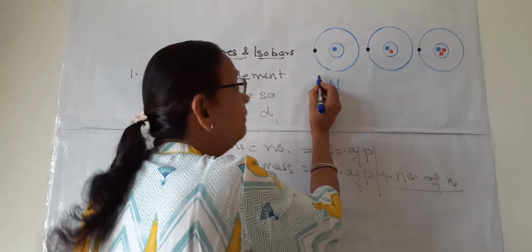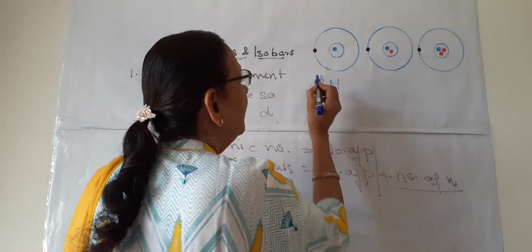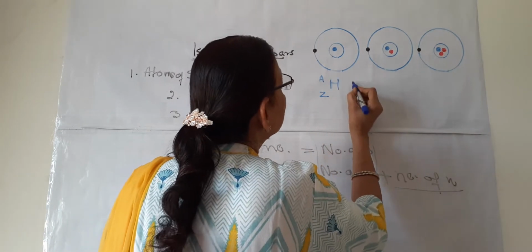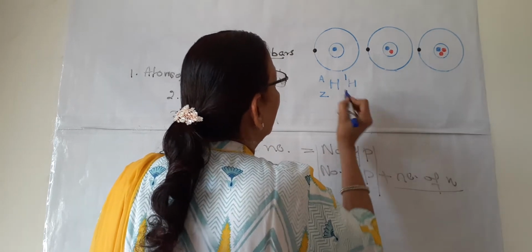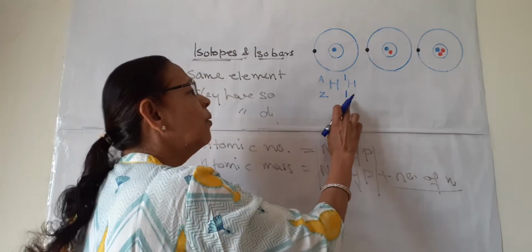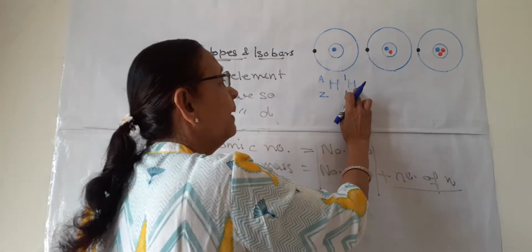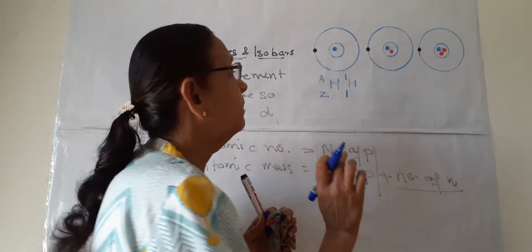Here we will write A, here we will write Z. A is mass, Z is number. So what is the mass of this hydrogen atom? 1 is the mass, and atomic number is also 1. So we write H, with superscript 1 and subscript 1.